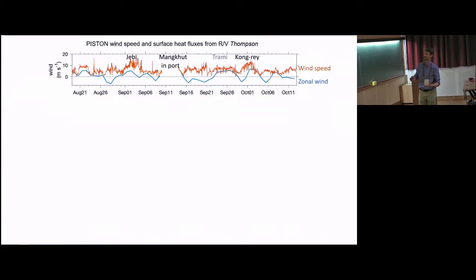Okay, now these are observations of time series from PISTON, and Eric has shown some of these in different ways. In blue is the zonal wind, and so you can see the effect of when there's an eastward zonal wind associated with extension of the monsoon or monsoon tails into the Western Pacific.